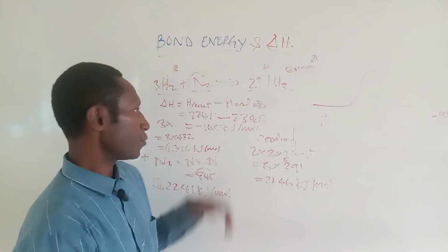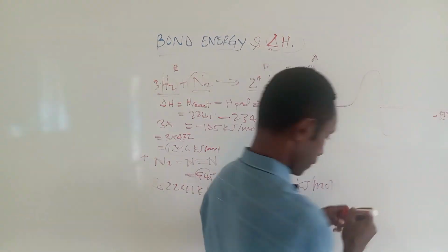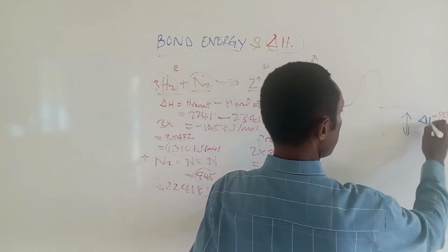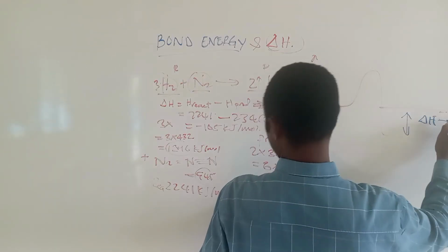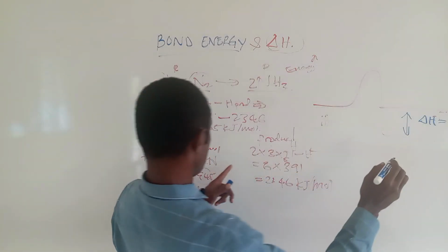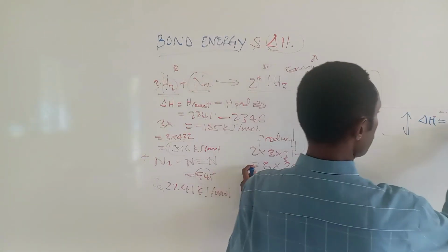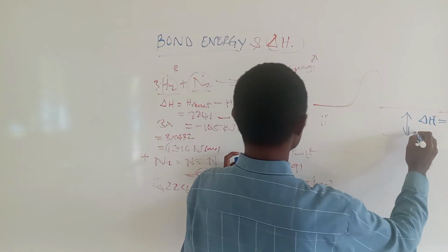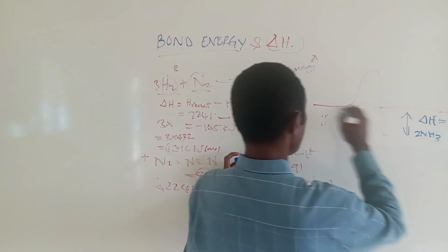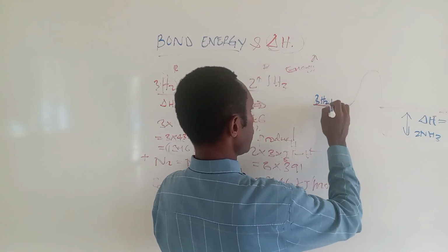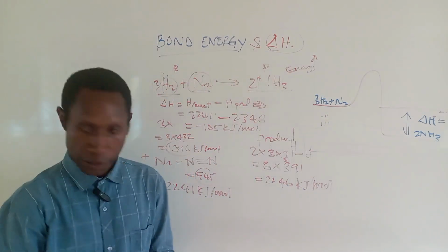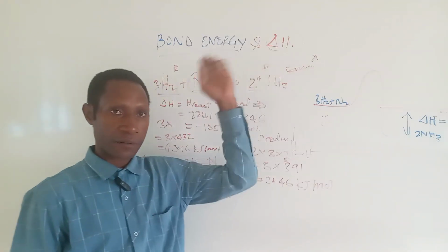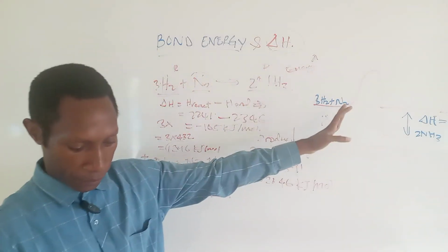Okay, and then you put all this information, enthalpy minus 105, and 2NH3 and 3H2 plus N2. Okay, finish. So that's how you calculate bond energy, calculate the enthalpy, and plot the graph.